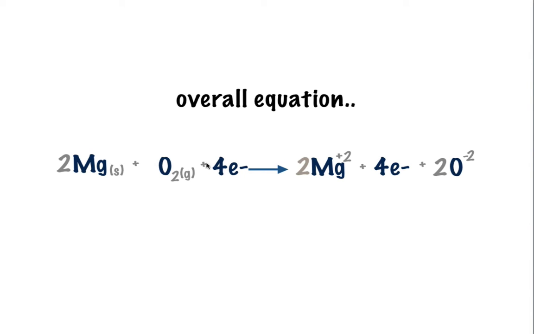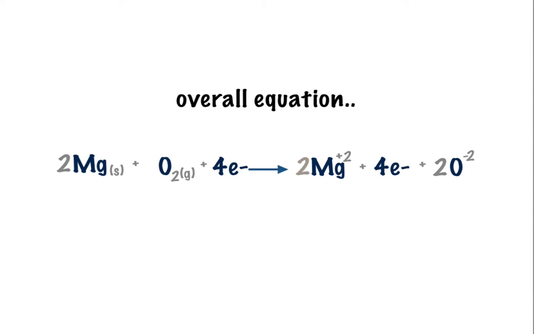So here, by adding my charges to my elements, I am signifying where these electrons are being transferred to. You'll notice here, I don't really have any charges here, but I do have my electrons showing that there will be a loss of electrons from something, and then something will gain those electrons. While on the product side, I show by my oxidation numbers where these electrons will go. So +2 tells me that I'm losing electrons, -2 tells me I am gaining electrons.